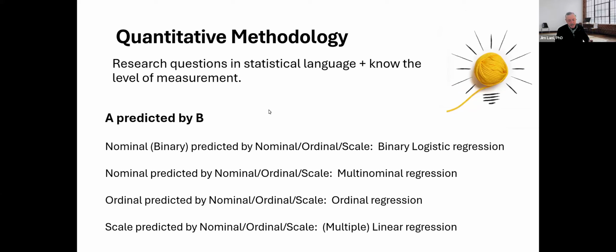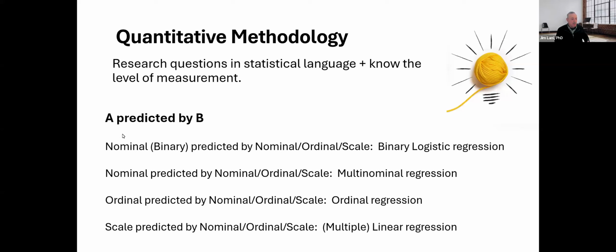The last example is relating two variables, in this case predicting one variable from another, and levels of measurement. It all depends upon the outcome variable. So here I have nominal, ordinal, and scale predicted by any one of these: nominal, ordinal, scale.